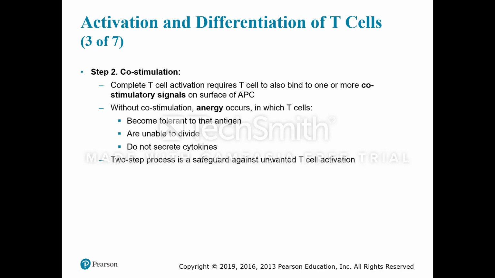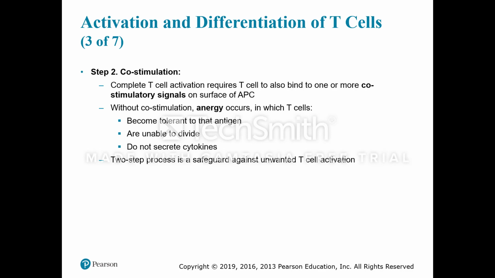Who will actually be co-stimulating them? Well, they need to be co-stimulated by a special chemical, and the co-stimulation is usually done by a helper T cell. In the old days, the helper T cell was discovered as just a helper T cell, but these are actually like the big boss.